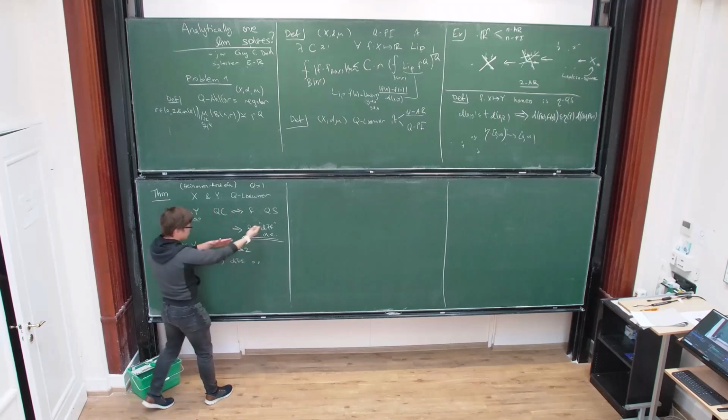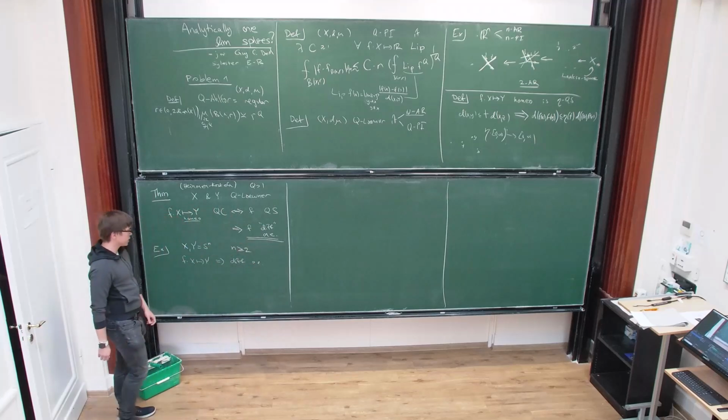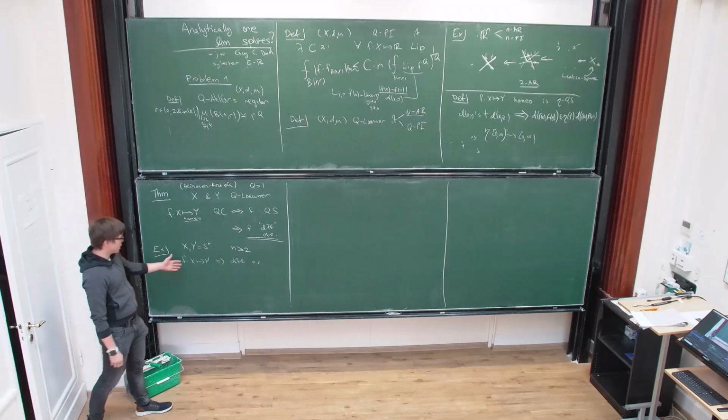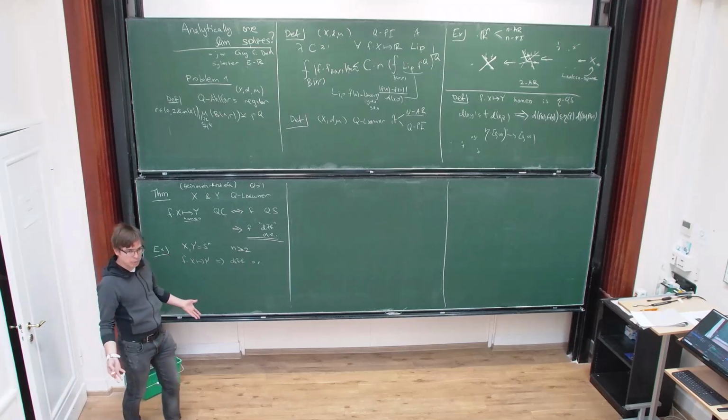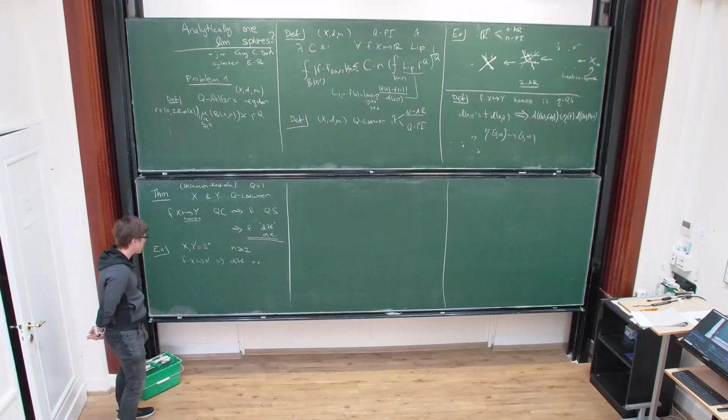You might not know what this means, but this is just classical differentiability almost everywhere. The blow-up of the map is a linear map in the tangent space.